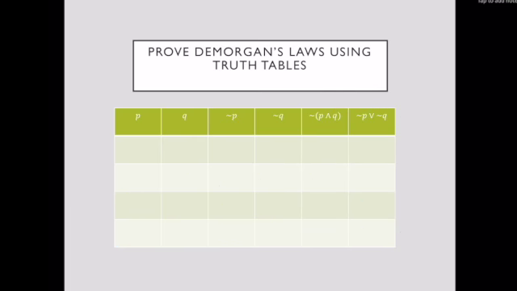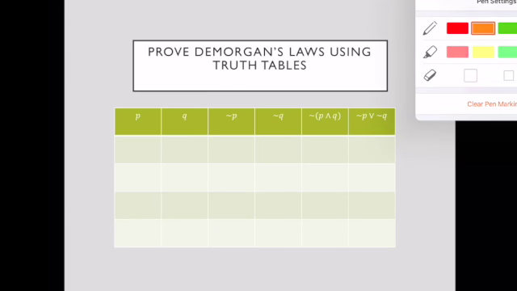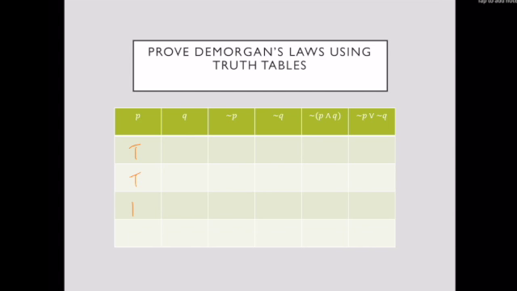Let's work through the other De Morgan's law. The other De Morgan's law is not (P and Q). It is logically equivalent to not P or not Q. So let's go ahead and fill in our truth table. Not P would be false, false, true, true. Not Q would be false, true, false, true.